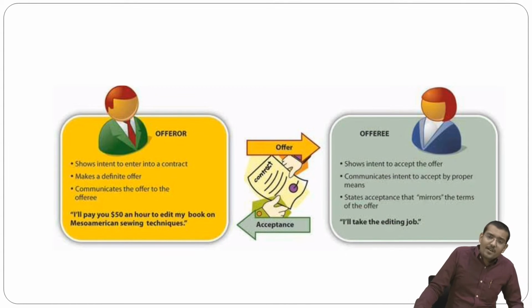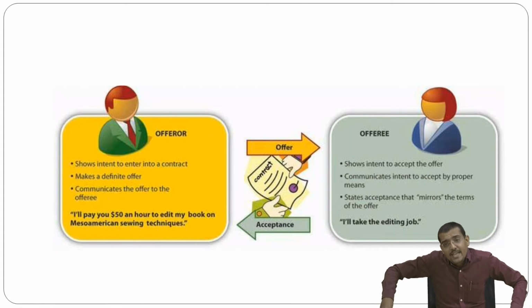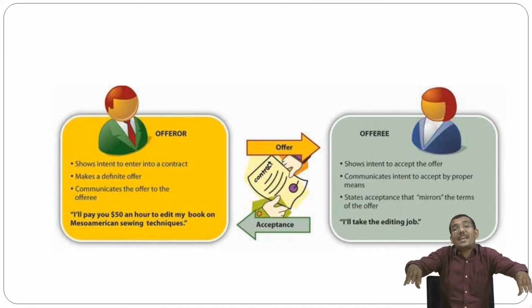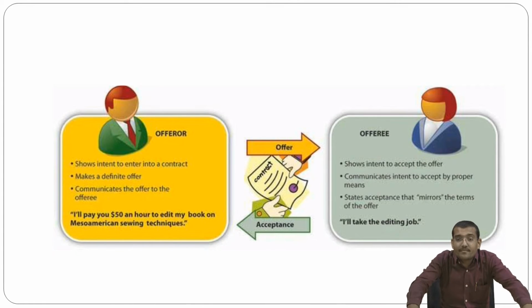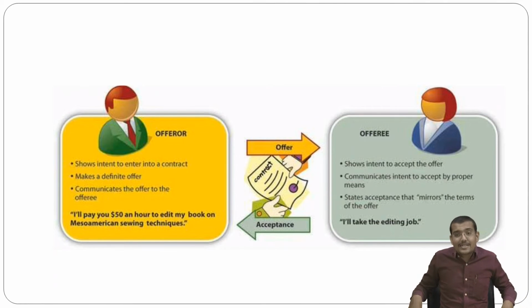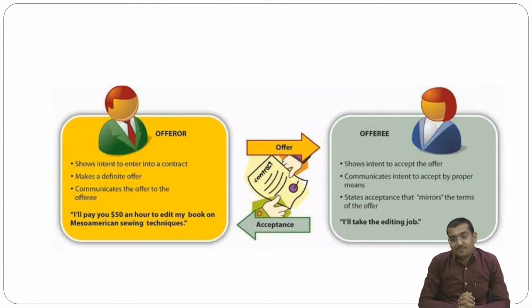So the offerer makes an offer to the offeree, and then the offeree accepts it. At that point of time, the offer becomes an acceptance. And when the offer and acceptance both are in appropriate manner and complied with, at that point of time, it creates an agreement.